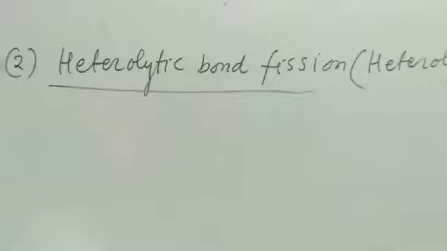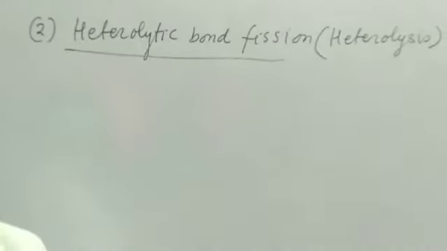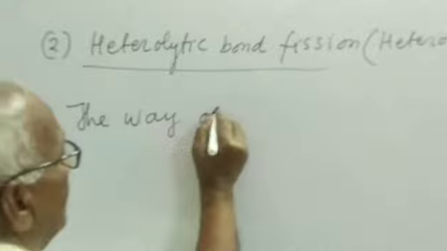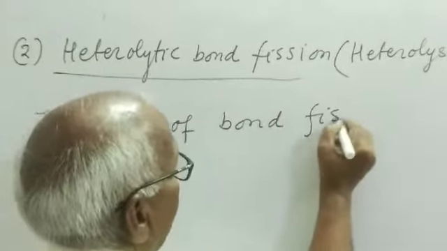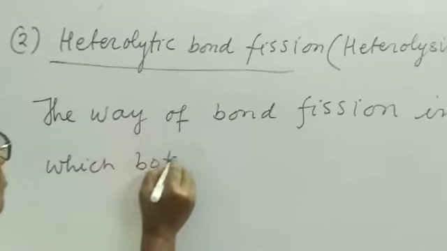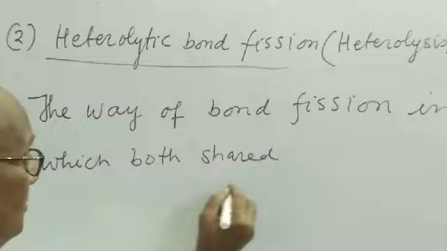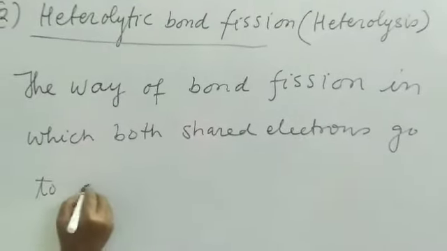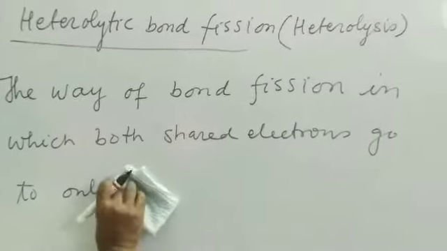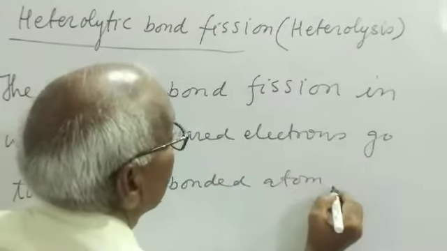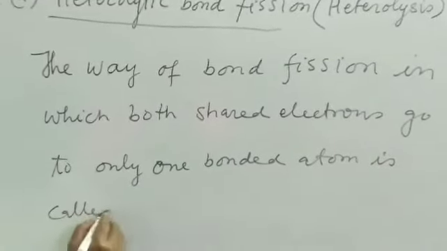That type of fission in which both shared electrons migrate to one of the departing fragments, that is, both shared electrons go to only one bonded atom, is called heterolysis.